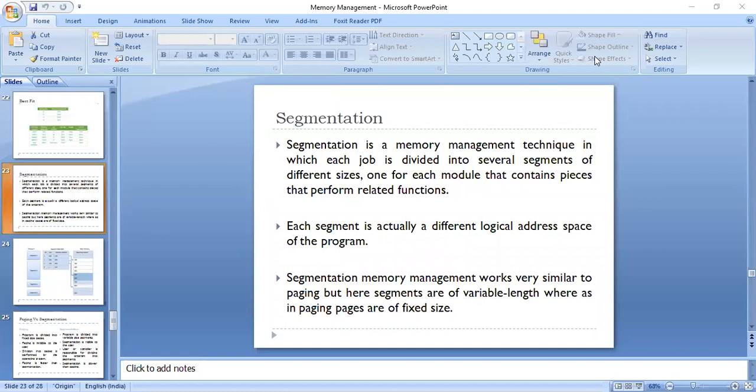Normally, when a program is compiled, the compiler automatically constructs segments related to its input programs, because the use of unequal size segmentation is similar to dynamic partitioning.